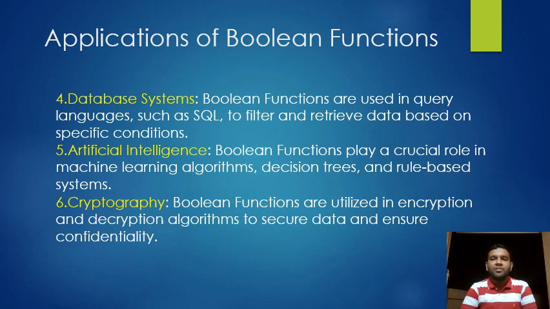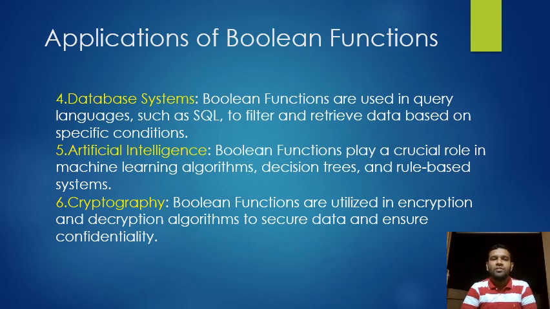Boolean functions play a crucial role in machine learning algorithms, decision trees, and rule-based systems. Machine learning algorithms are those used in robots which work automatically and those software which have artificial intelligence. They need Boolean functions because they simplify and keep the machine working smoothly.